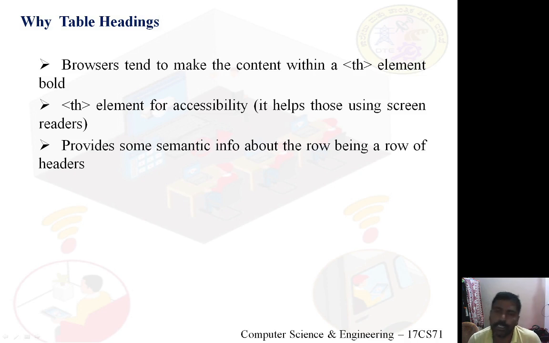And it's for accessibility. And it provides some meaningful semantic information about a row being a row of headers. I mean, the header specifies, semantic means we know its meaning, right? What actually that particular column contains.